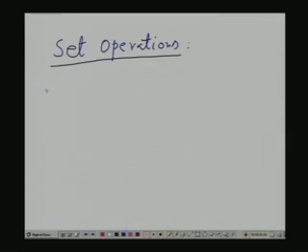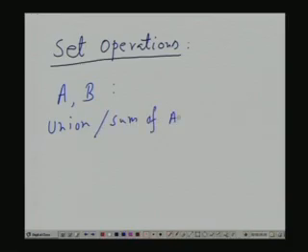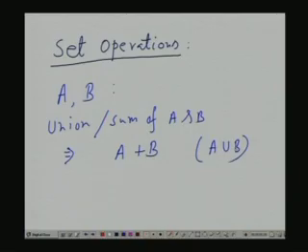One is union. Given two sets A and B, I define the union, or sometimes we call it the sum of A and B, as A plus B. You are used to the notation A union B, but as I go along with this book, I will follow this plus rather than that.